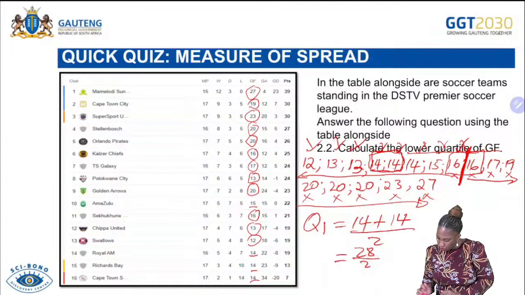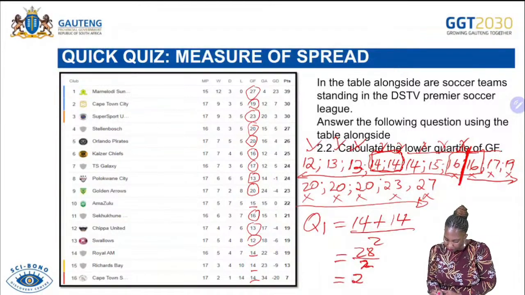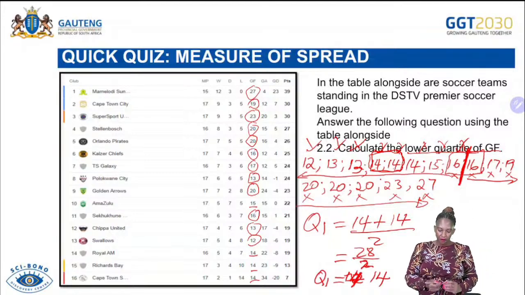Then I divide it by 2, so my lower quartile will be 14. Our answer is 14 because 28 divided by 2 is 14. Let me just quickly rewrite it neatly. My Q1, my lower quartile, is 14.